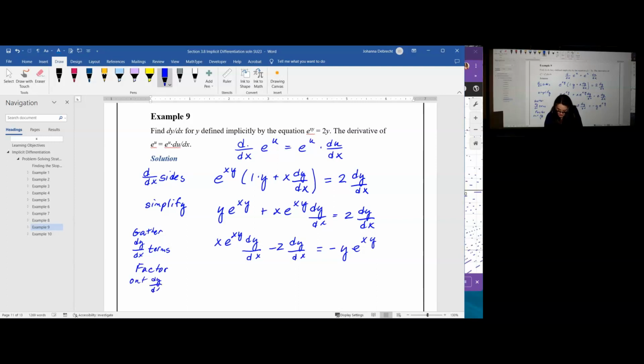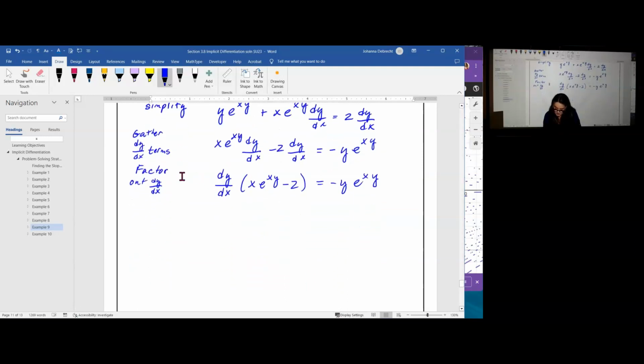and we solve by dividing by the coefficient. This gives me dy/dx, the formula for dy/dx becomes negative y e to the xy power divided by x e to the xy power minus 2.